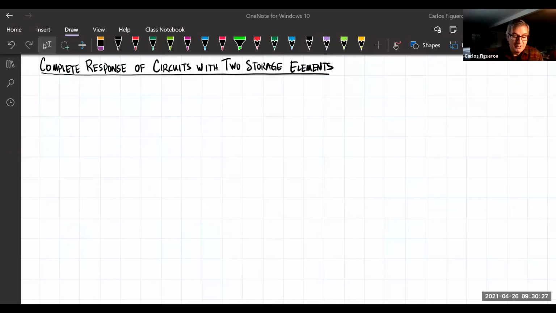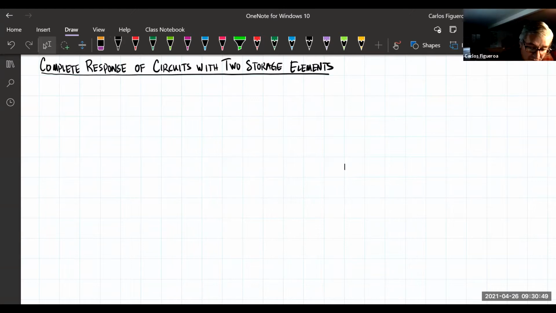So let's get started. We are in chapter 8. We're going to look at the complete response of two storage element circuits. We could have three types of circuits.